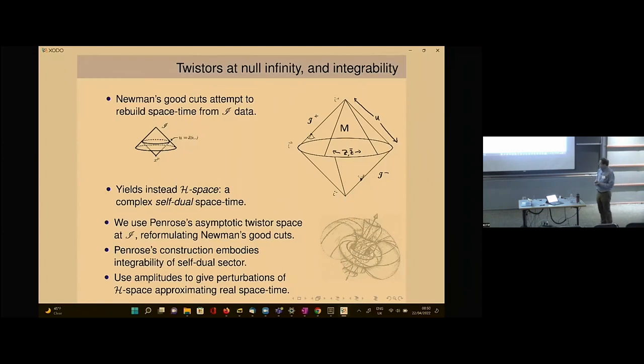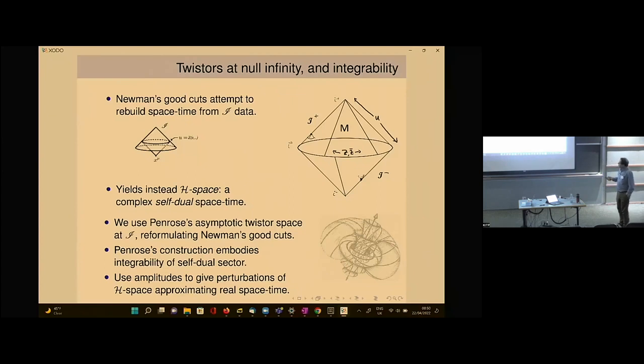What I'm going to do in this talk is to use this completely integrable subsector of Einstein's equations to try and gear up to give you a perturbation theory around that completely integrable subsector. So the integrability will enable us to actually do calculations that are very explicit and will take you a surprisingly long way.